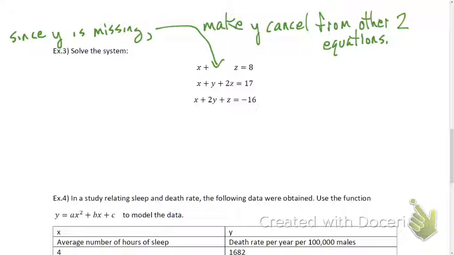All right. I see a y and a 2y. If we were to multiply this by -2, the y's will cancel out. So let's rewrite this one. Copy the third one, as is, no changes.